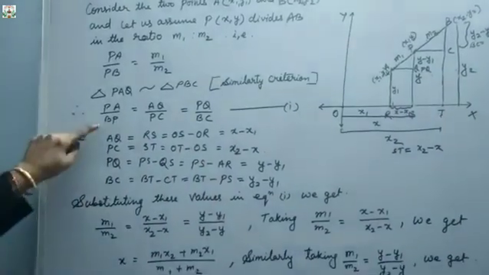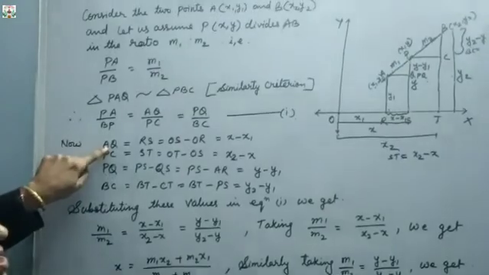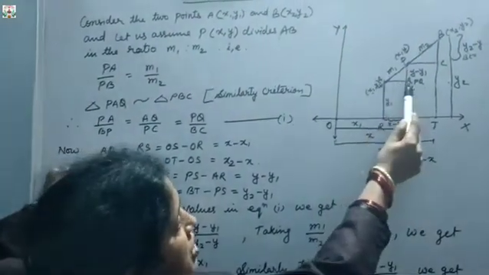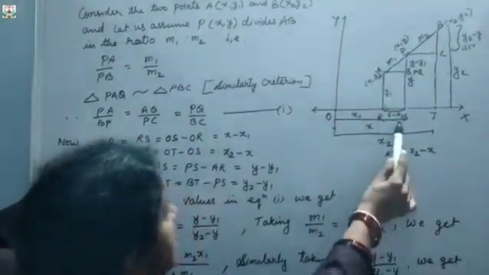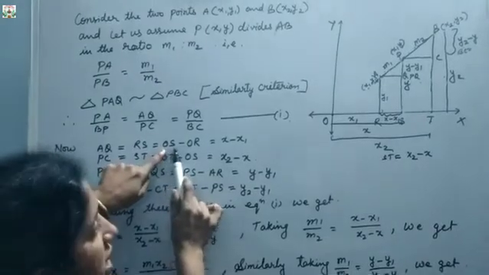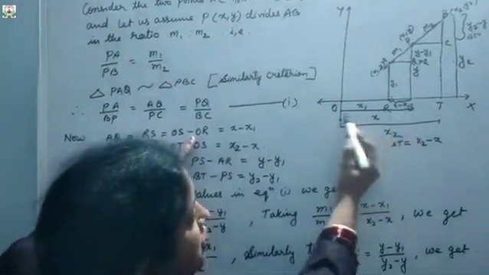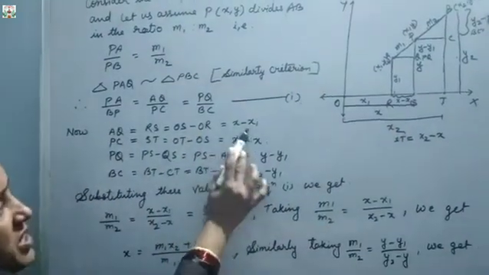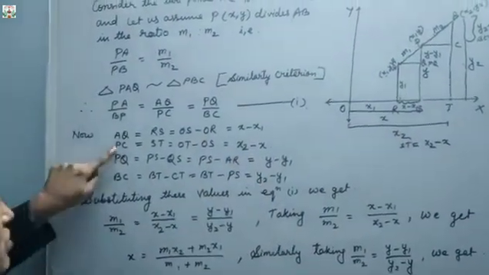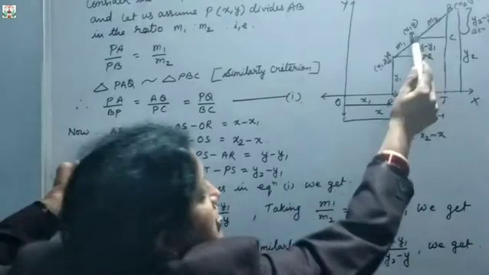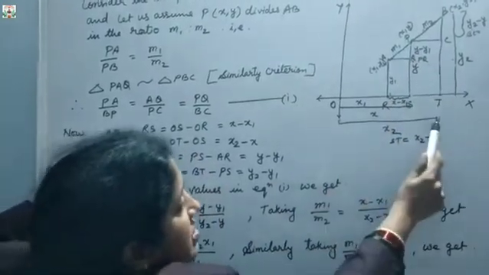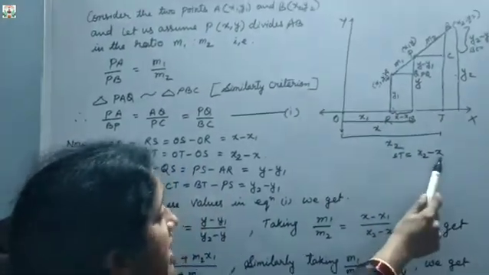Understood? So now here AQ is how much? AQ will be OS minus OR, the total distance minus OR, that is x minus x1. Same way PC will be the total distance x2 minus x.